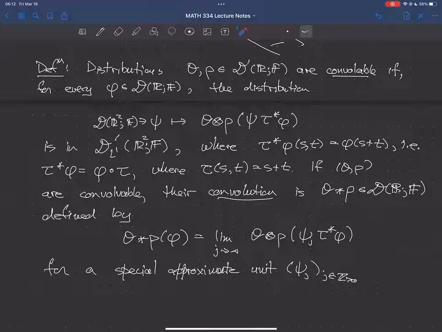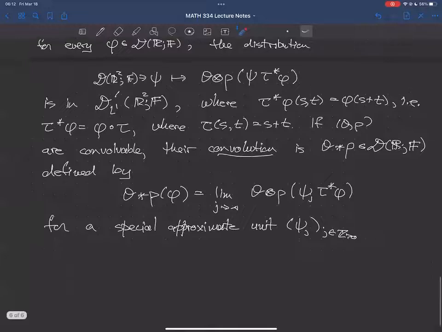You can think, for example, of taking a sequence of balls in R2 that grows in radius, so radius 1, 2, 3, 4, 5, and so on. The sequence psi j might have the property that psi 1 is identically equal to 1 on the ball of radius 1 and tapers off to 0 outside that ball, and then psi 2 would be 1 on the ball of radius 2 and tapers to 0 outside, and so on.